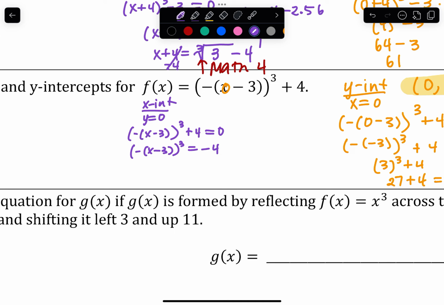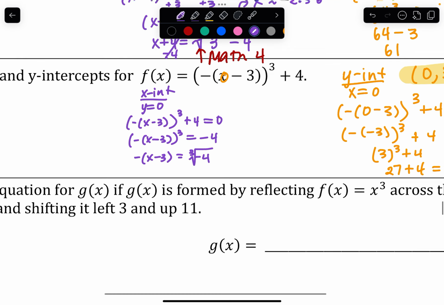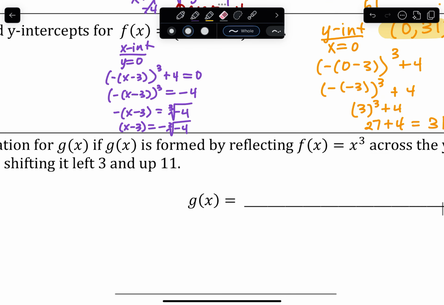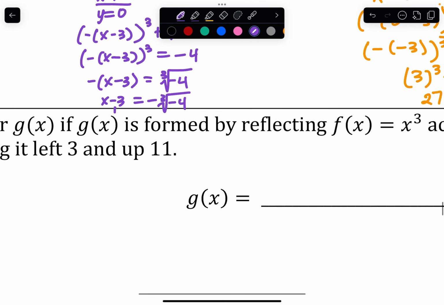Once you've isolated the cube, you're ready to get rid of it. And so now we just have negative x minus 3 equals the cube root of negative 4. We have this negative, so we can divide by negative 1, which would make the other side of our expression negative. And then now these parentheses aren't necessary. And then our last step would be to add the 3.